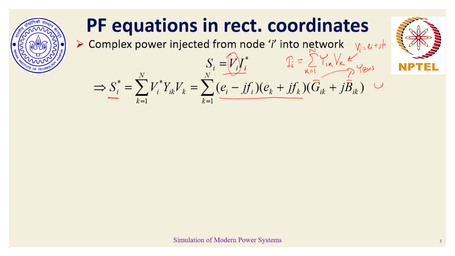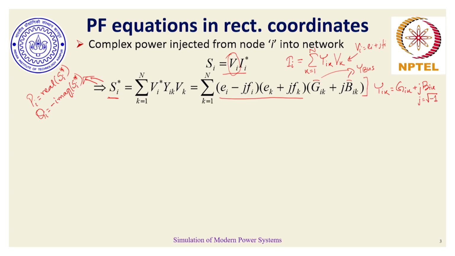To be precise, the i, kth element of the bus admittance matrix is nothing but Gik plus j Bik, where j is the complex operator, that is root over of -1. If this is the expression of complex power injection, then from this I can extract the real power injection equation, which is the real part of Si conjugate, and I can also get the corresponding imaginary part with a negative sign.